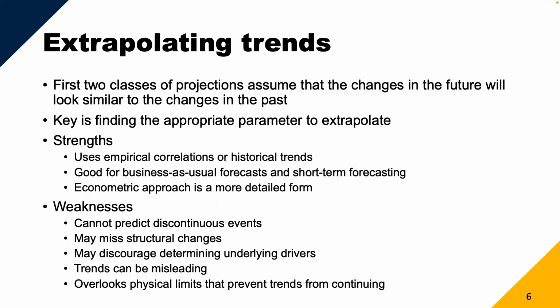Yeah, so the first two classes of these projections assume the changes in the future will be similar to the changes in the past. Okay. So the key part of this is figuring out the correct parameters to extrapolate. There are upsides and downsides to this.